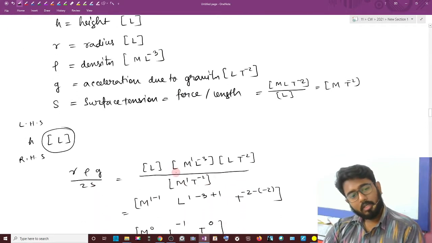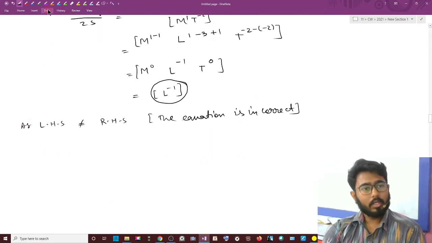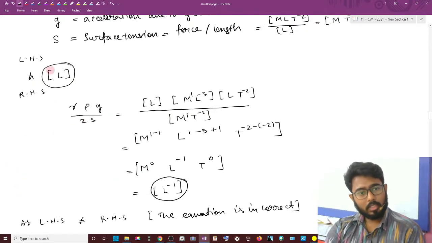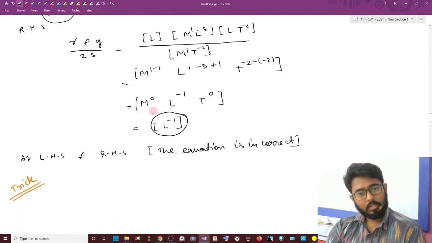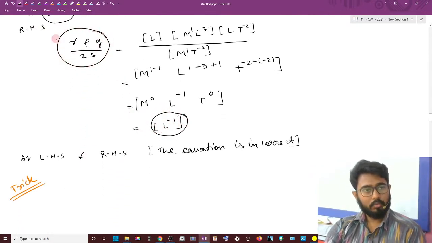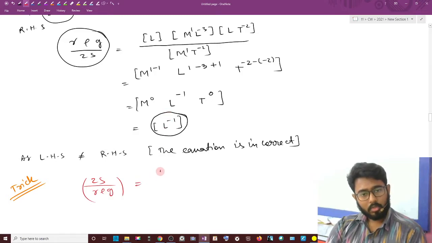Now see, if we apply a trick, we will do it in other process also, but if we apply a trick we can do it directly. See, left hand side is L and this one is L inverse. Now if I flip this one as 2s by R rho G, this will be 1 by L to the power minus 1, because this has come as L to the power minus 1.